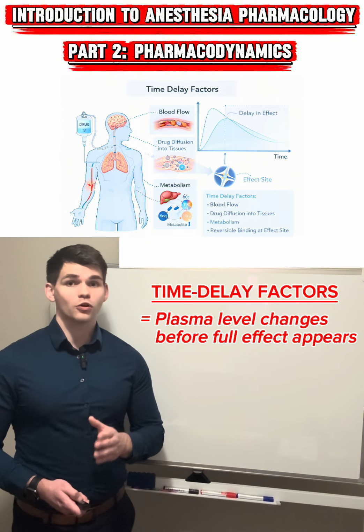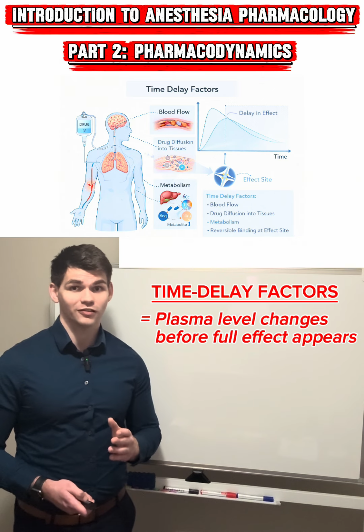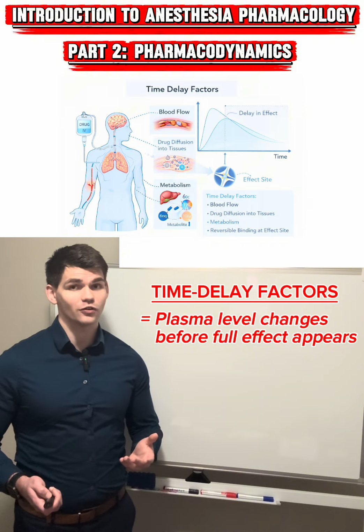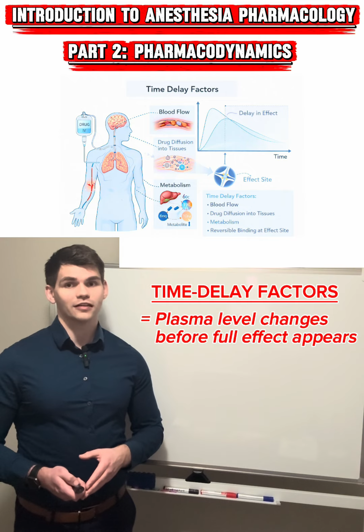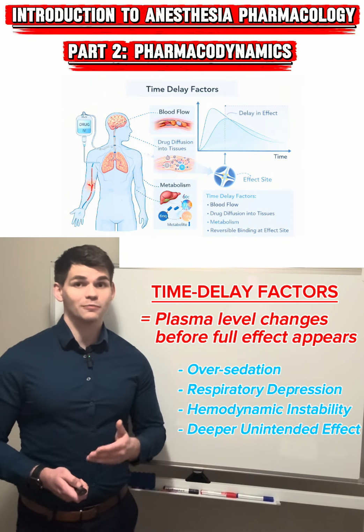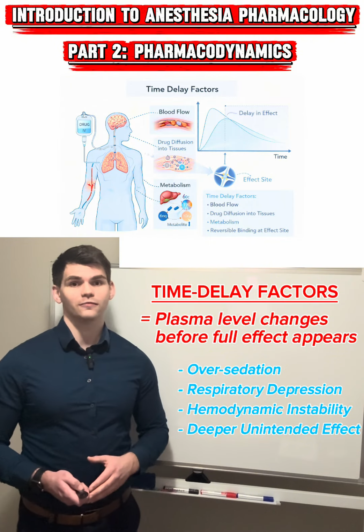This is very important clinically because if you keep giving additional doses too quickly, you may stack the drug before the full effect of the first dose has appeared. That can lead to negative unintended consequences like oversedation, respiratory depression, hemodynamic instability, or deeper effect than you intended.